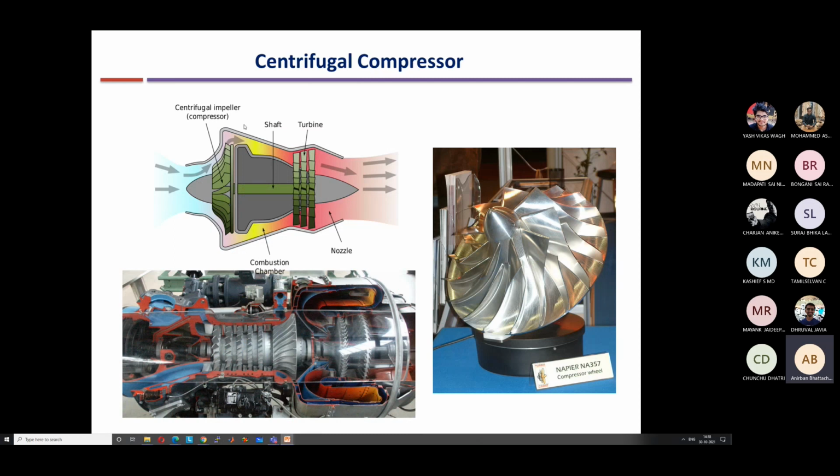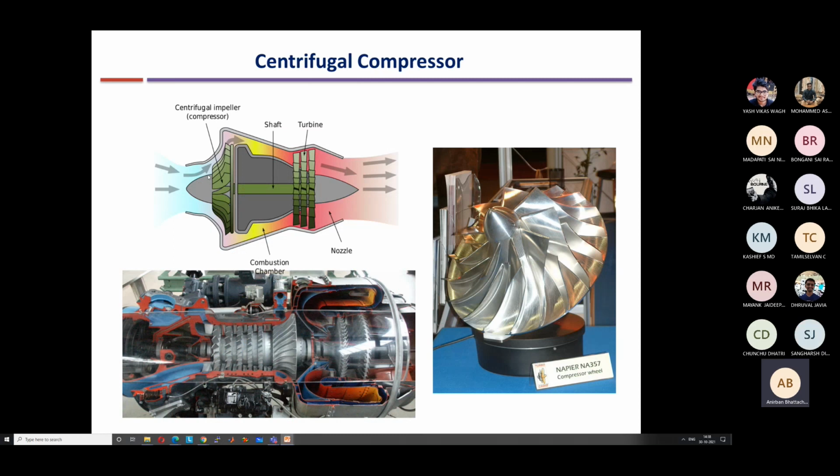The main advantage of the centrifugal compressor is that the rotating part, which is known as the impeller, acts on the air for a longer distance with centrifugal force, so it compresses the air to a higher pressure. A single stage can compress the air to a higher pressure as compared to a single axial compressor stage, which can only give a very moderate pressure increase.